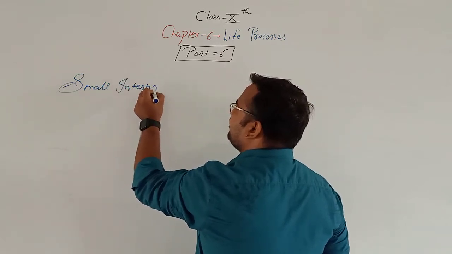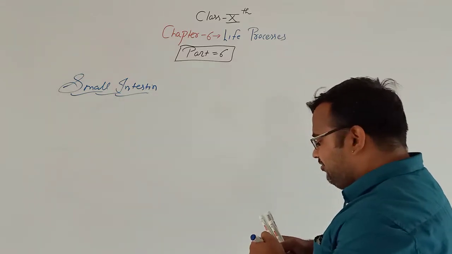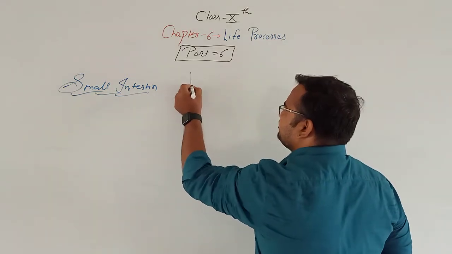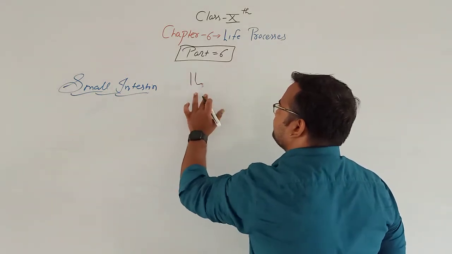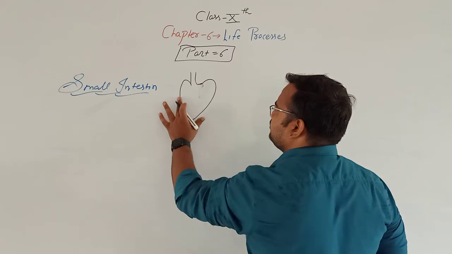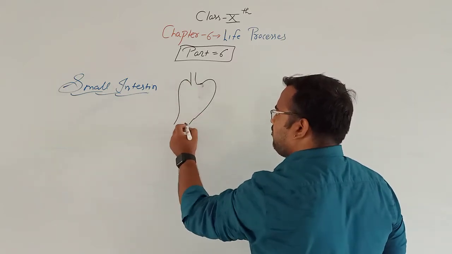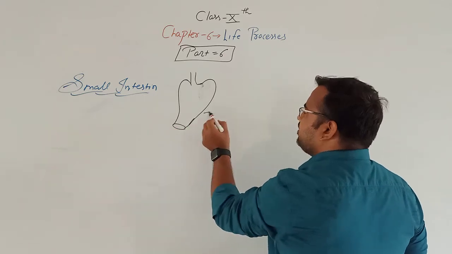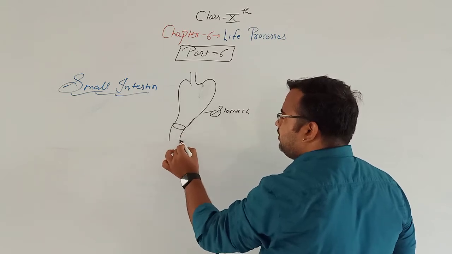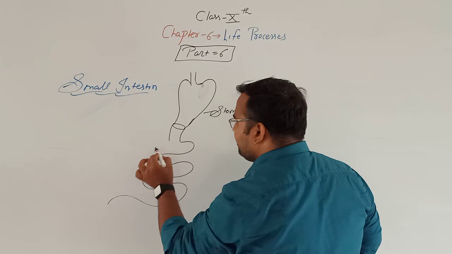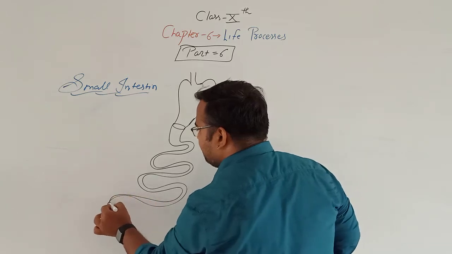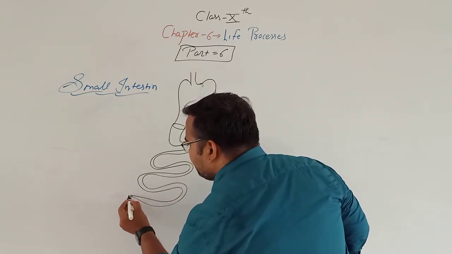After the stomach there is a zigzag canal, or you can say a zigzag pipe-like structure, which is known as the small intestine.